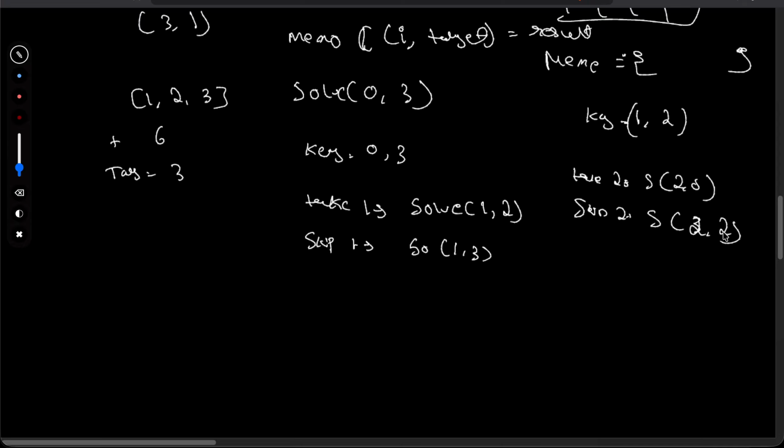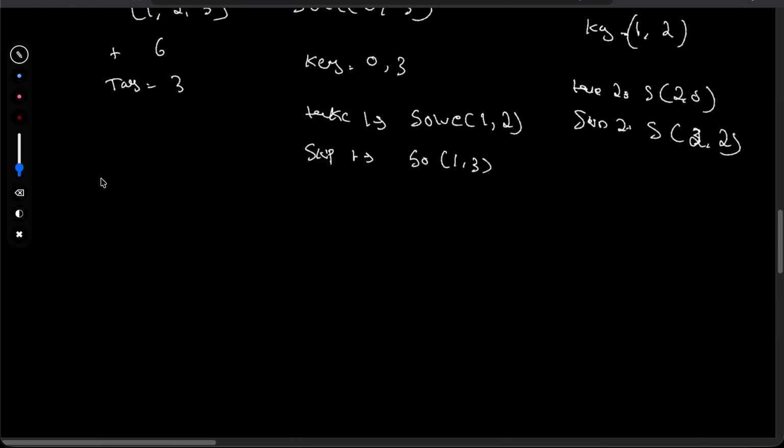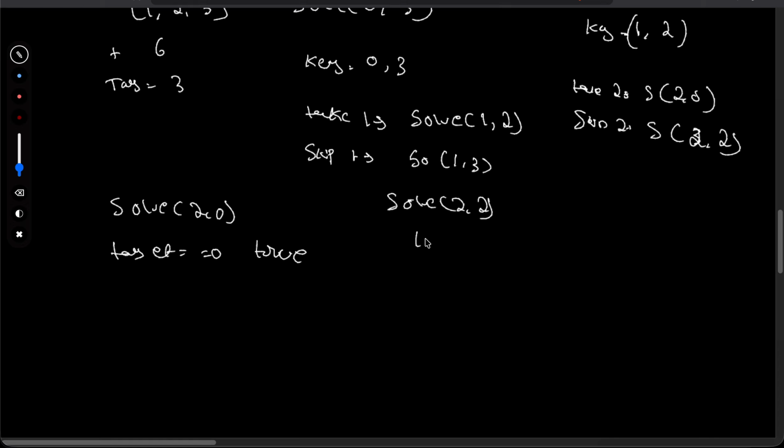Next is solve of 2, 0. Target is equal to 0, so it's a success. Here we are going to return true. Then solve of 2, 2: key is 2, 2, not in memo, so we compare.